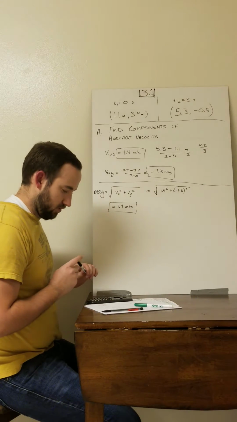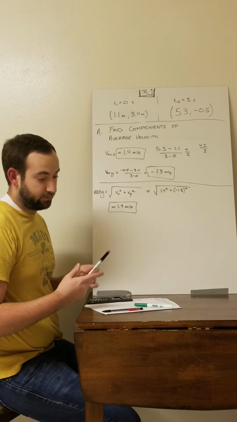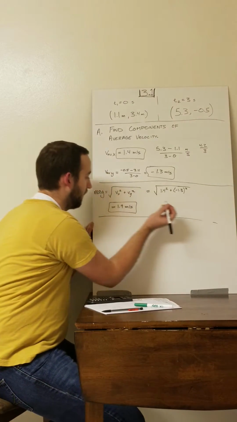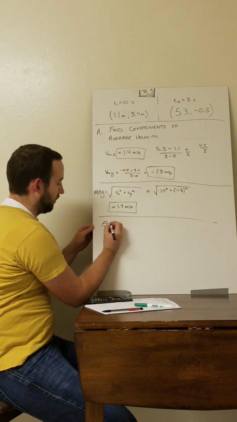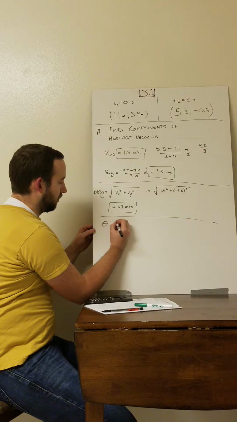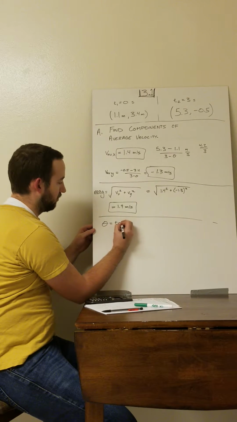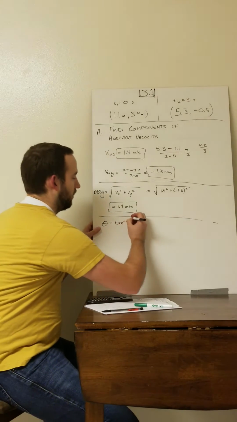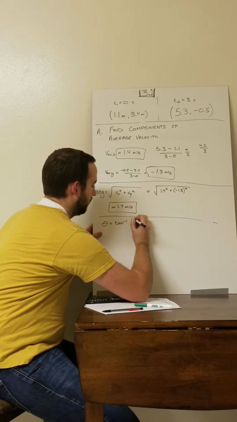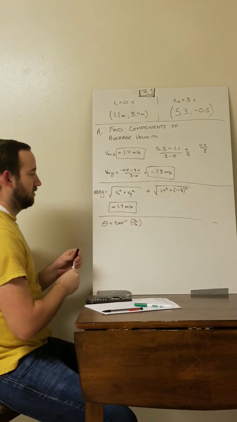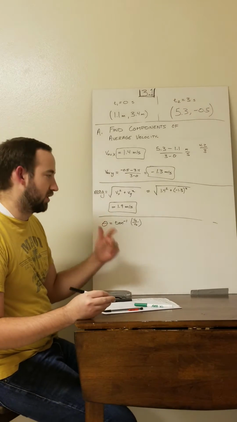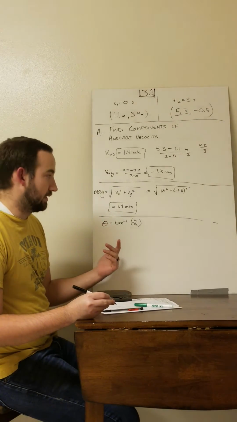And then now we just need the direction, and then we're done. So the direction equation is theta equals the inverse tangent of v, so the velocity of y, over v of x. So just like with the magnitude that we did before, we just plug in the numbers that we've already found, which is easy.